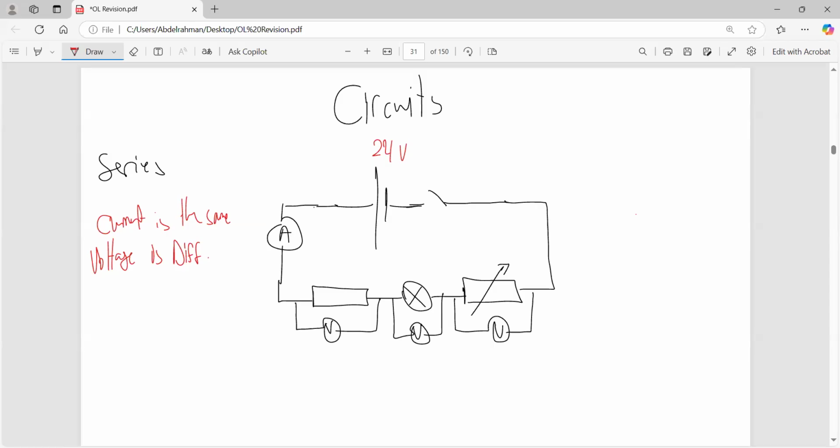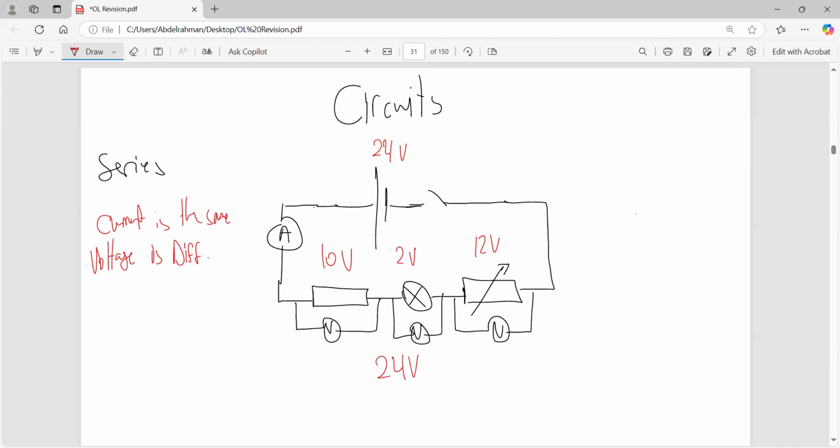No, it could be, for example, that the resistor took 10 volts, the lamp took only 2 volts, and then the variable resistor took 12 volts. But the total potential difference of these three components is 24 volts.